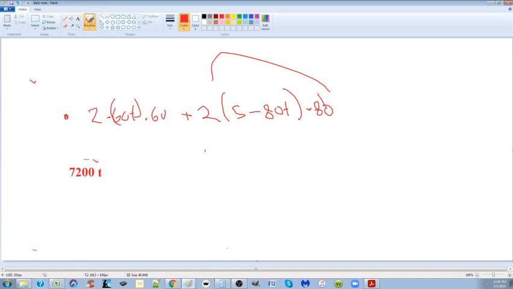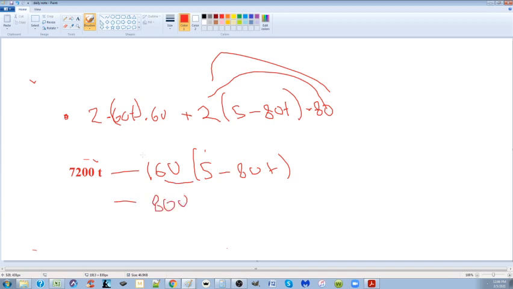Over here, I get minus 80 times 2 times (5 minus 80t). So 5 times that is 800. Minus times this becomes positive, and that's where I was screwing up before. What's 8 times 100? 800, 8 times 6480 plus 1280t.